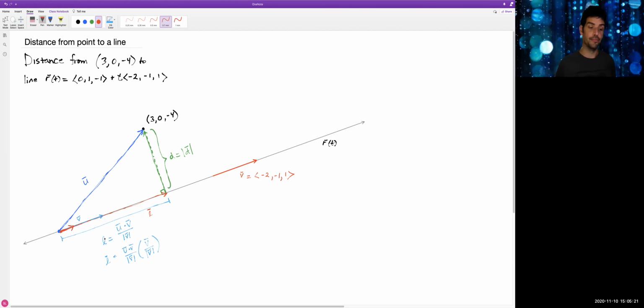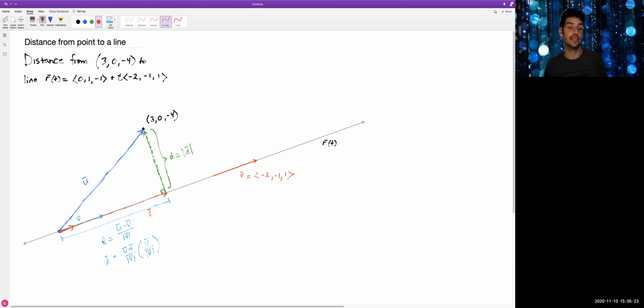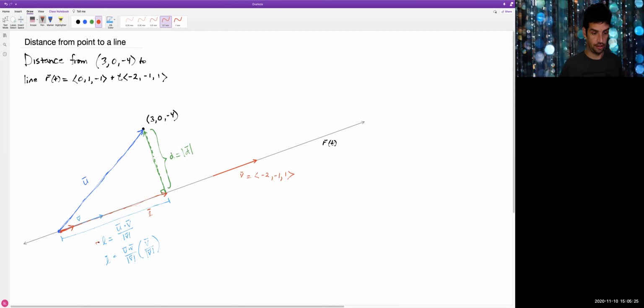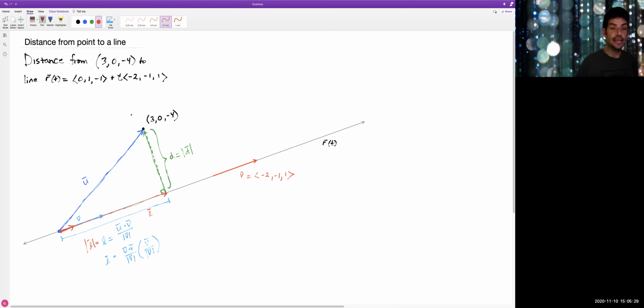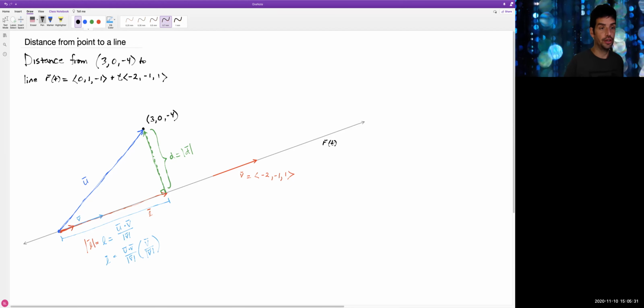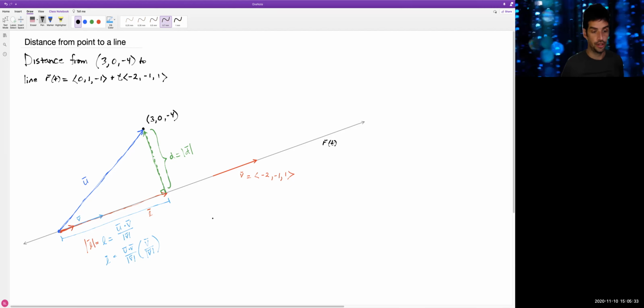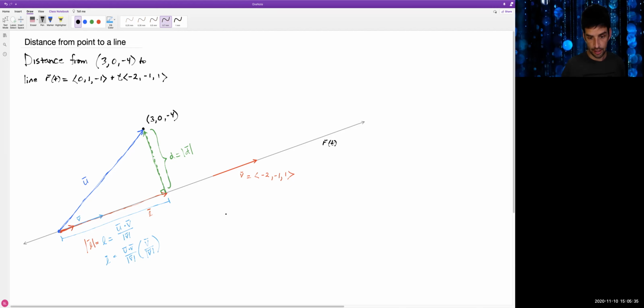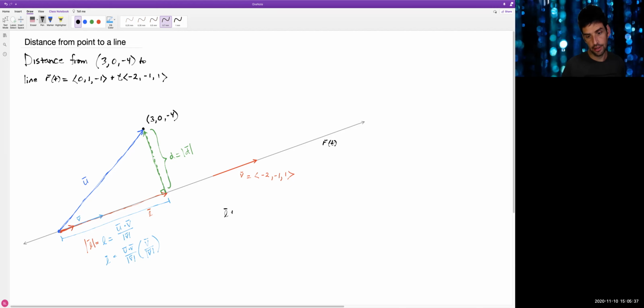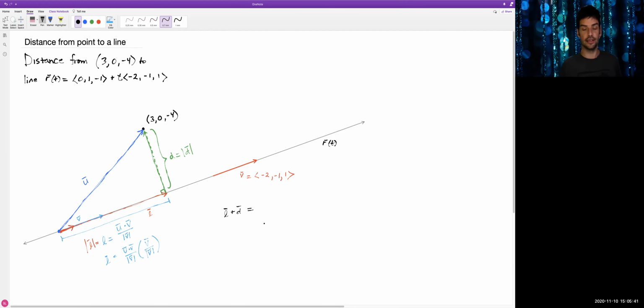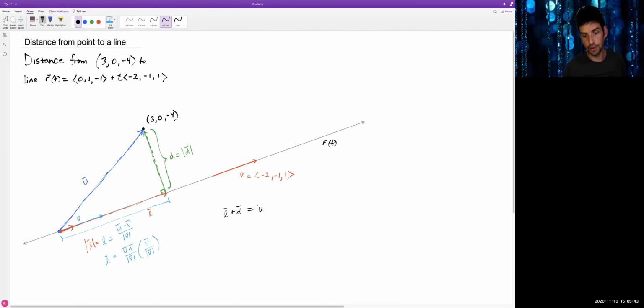Again, the magnitude of L, I'm calling just the letter L without the vector notation. Now, from this picture, notice L plus D is equal to u.